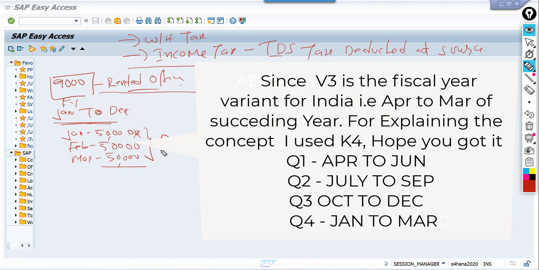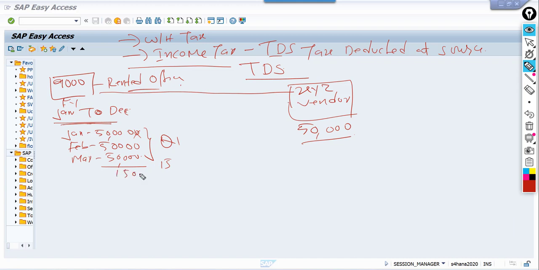For this quarter we paid 1,50,000 to this vendor. Similarly, Q2, that is starting from April to June, we paid 1,50,000.